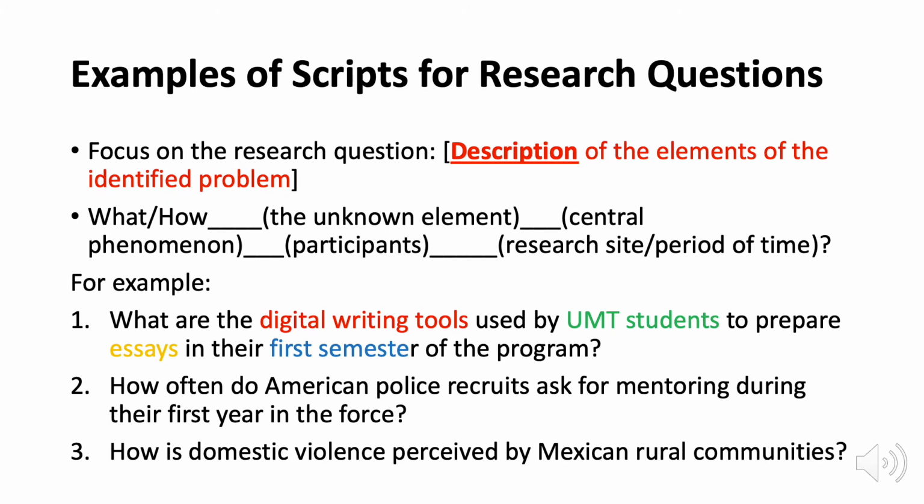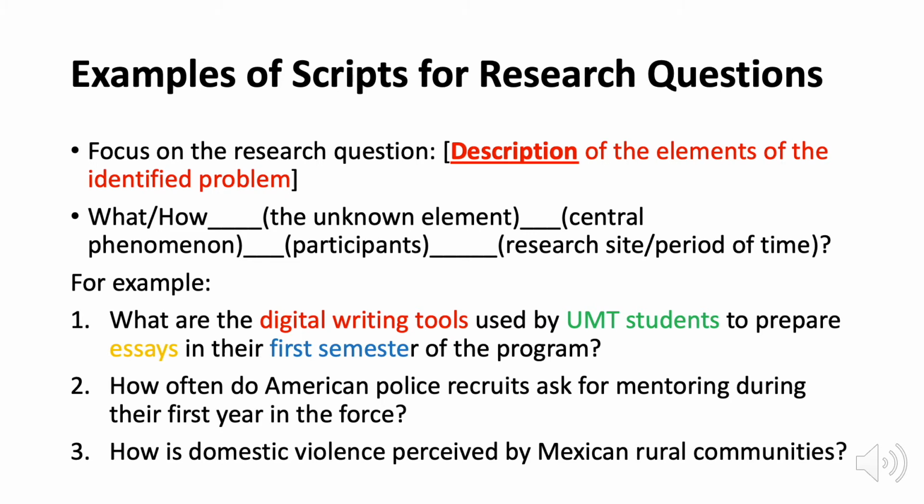Here you can see examples of research questions that intend to describe a research problem. The focus of the research question is on the description of the elements of an identified problem, as you can see in the three examples. The first one, what are the digital writing tools used by UMT students to prepare essays in their first semester of the program?